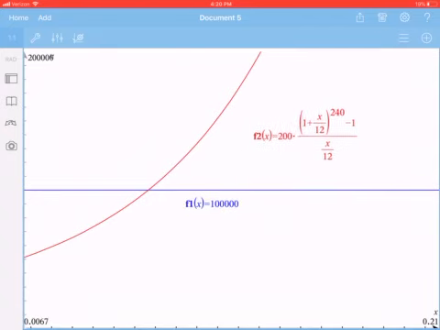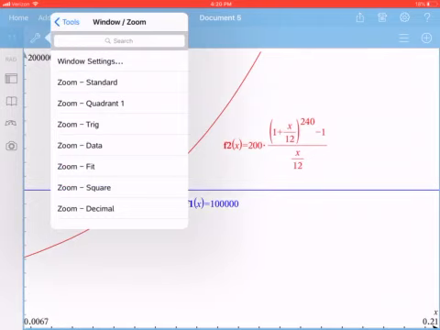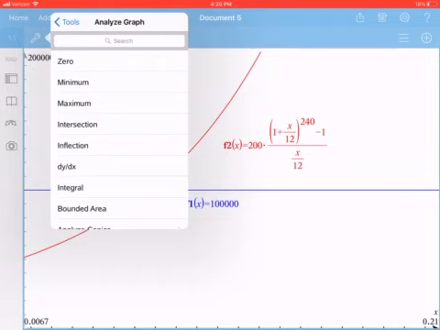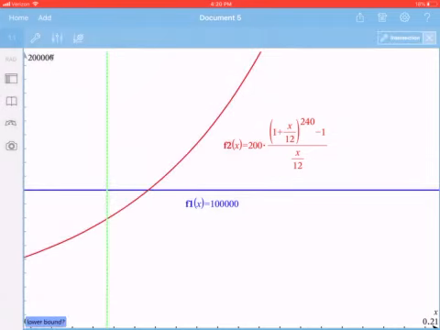And this is the other one, the one that will help us find what X is by finding the intersection point. So I'm going to go to my tools. You guys will go to calculate, and I'm going to go to analyze graph. You guys will go to calculate, and then I'm going to find the intersection between those two graphs.